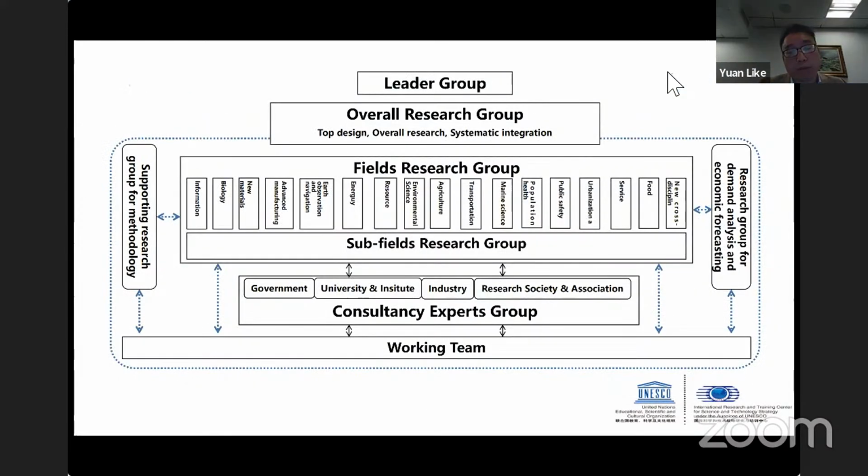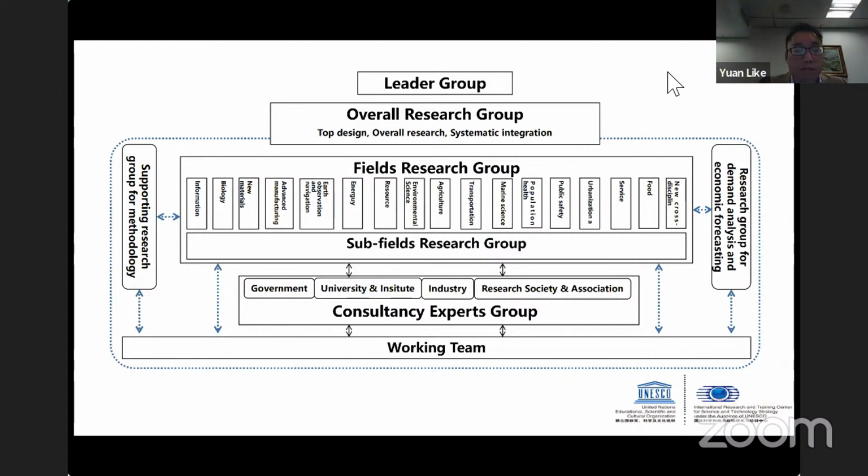This is the organizational structure of the technology foresight activities in China: the leadership group, the overall research group, and the field research group. There are also some consultancy expert groups, with high-level experts from government, universities, industries, and research society associations.